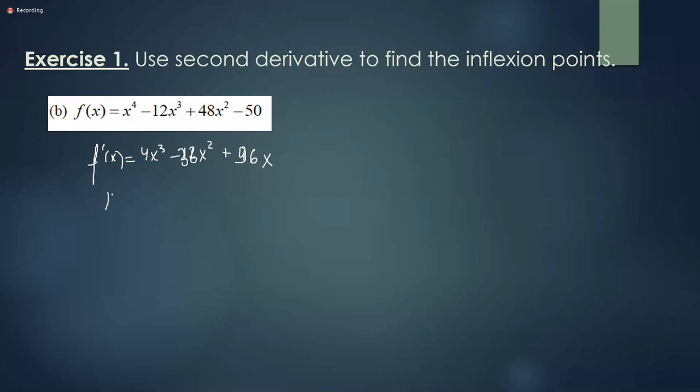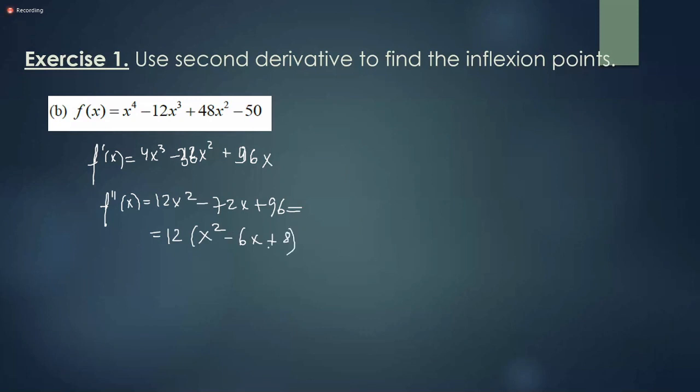Second derivative, 12x squared minus 72x plus 96. I'm taking 12 out of parentheses: x squared minus 6x plus 8.